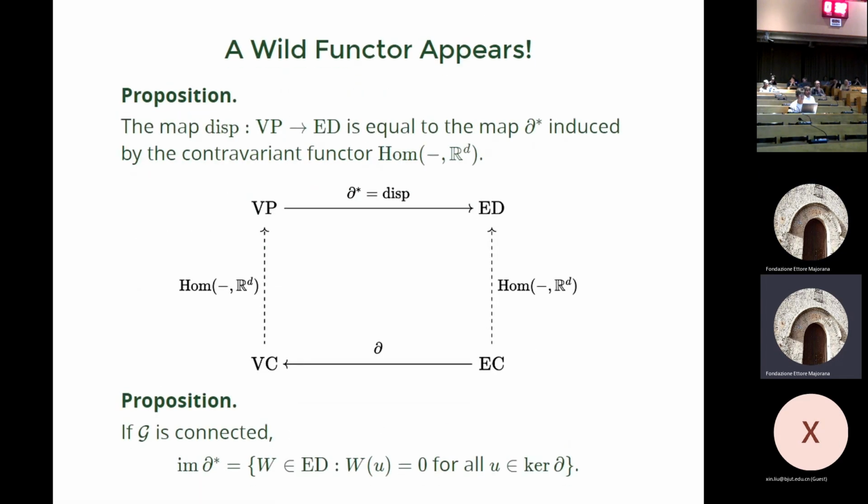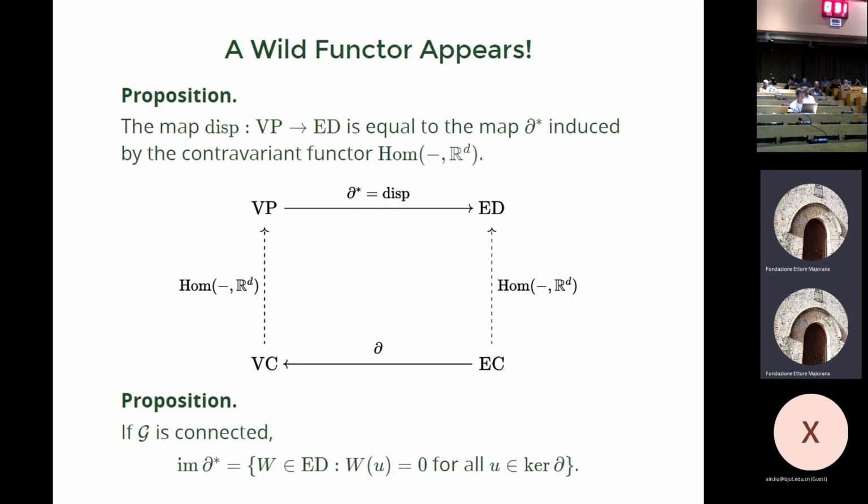All right. So this is sort of natural. This displacement map is the obvious thing, physically, but it fits into a commutative diagram. It's the same thing as the map induced by this boundary map after applying this contravariant functor Hom. So I go from vertex chains to vertex positions, so vertex position is exactly Hom(VC, R^D).